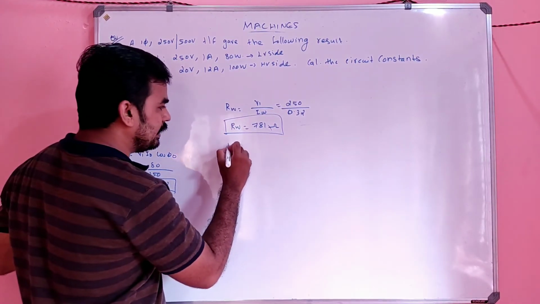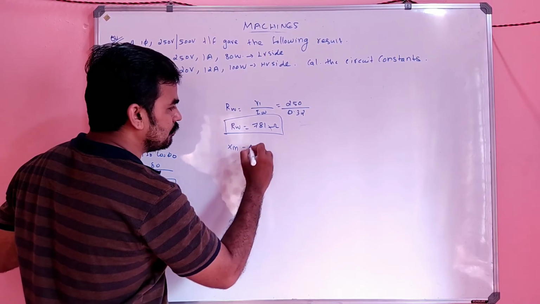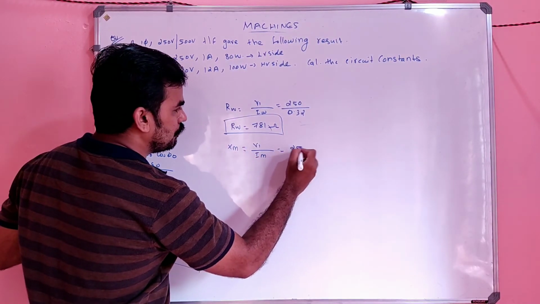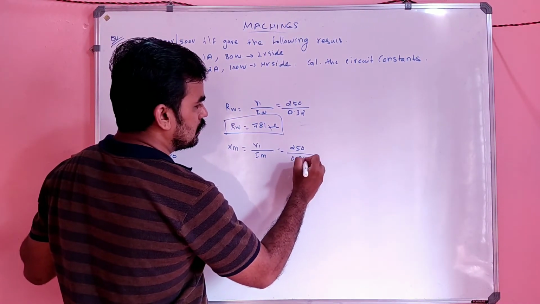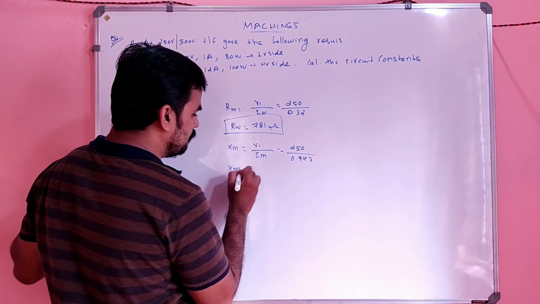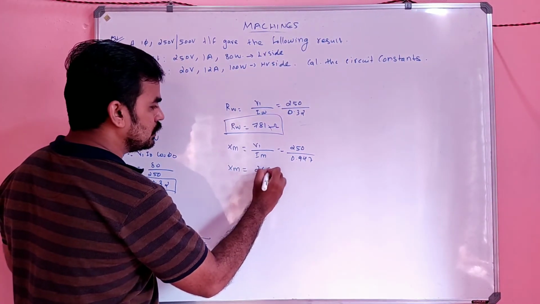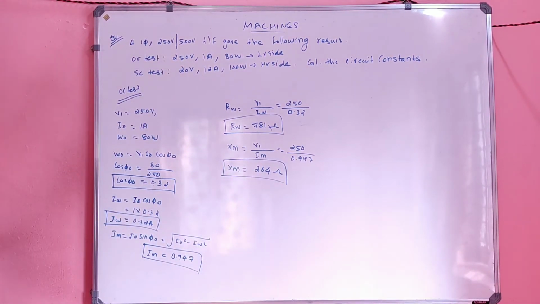And what is XM? XM is V1 divided by IM, again 250 divided by 0.947. So XM will be about 264 ohm. So that's all from the OC test.